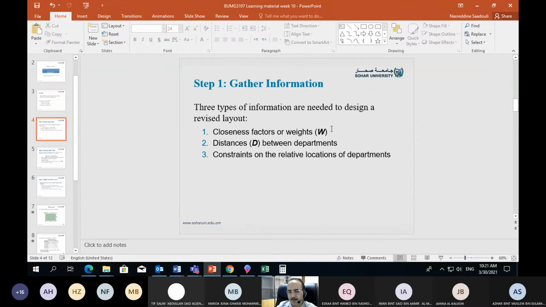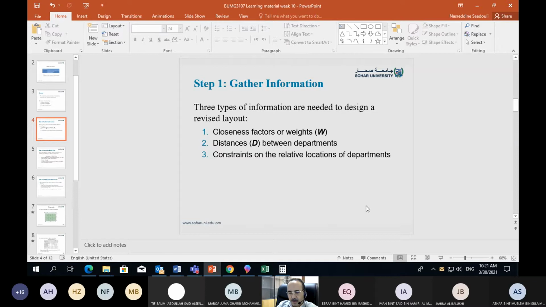Now, for the information, as I have mentioned, primarily there are 3 types of information that are needed when designing a layout. The first is the so-called closeness factor or weight.